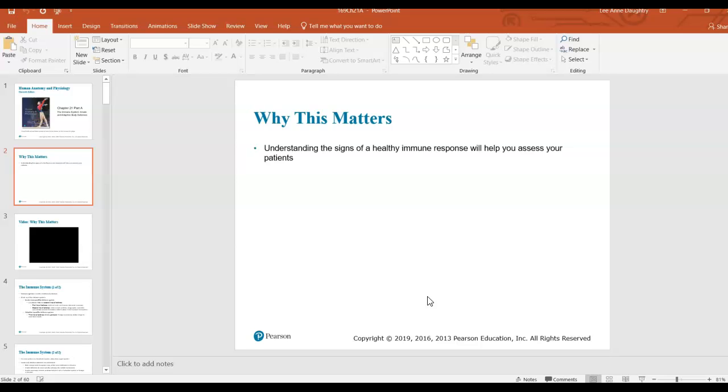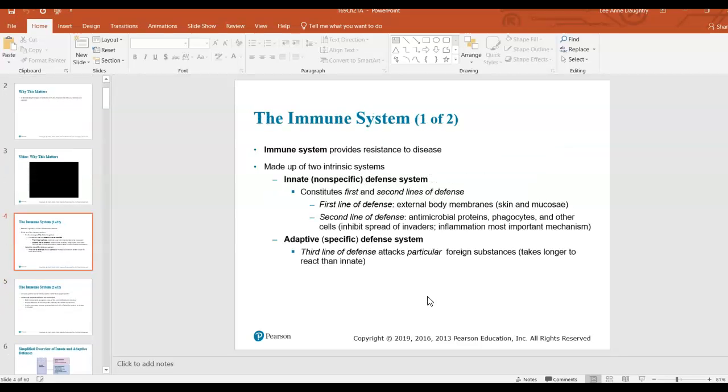It's not specific. Okay, so we have the innate or non-specific defense system, and it's the first and second line of defense against any pathogens.